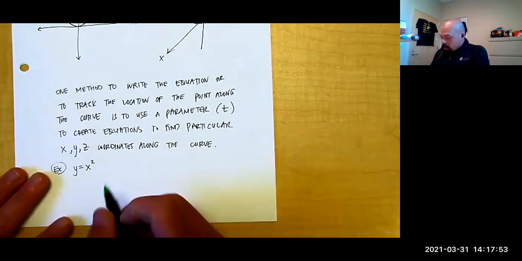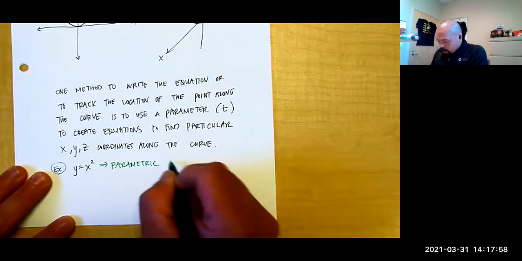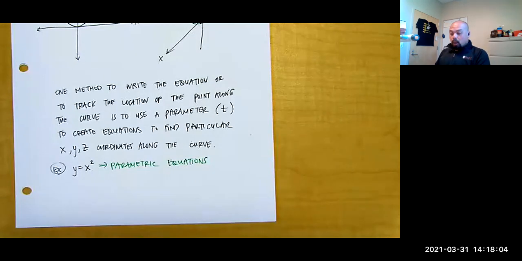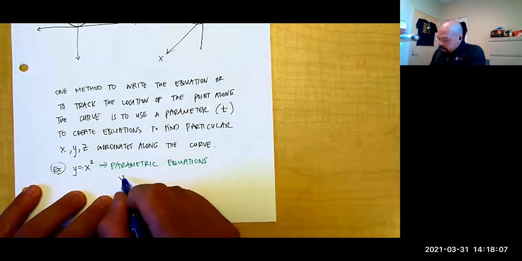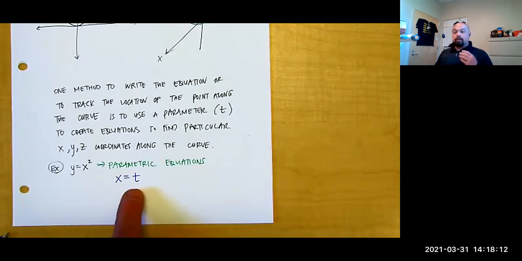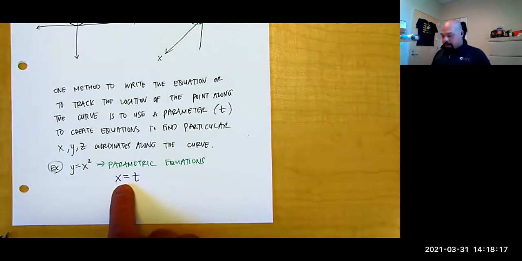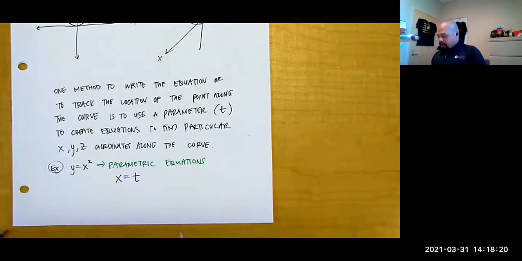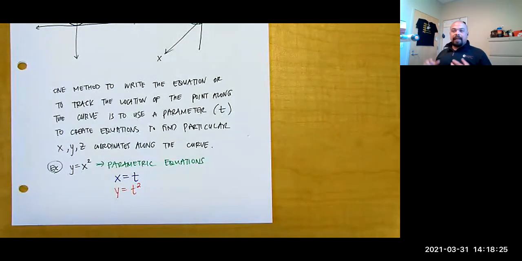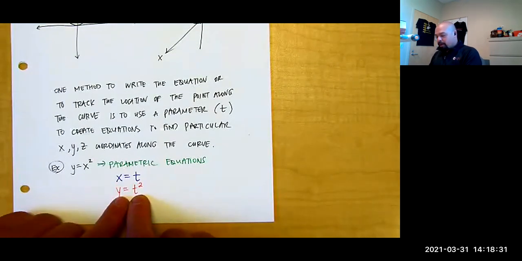But for our parametric equations, we can recreate this and say, let's have x be equal to t, right? I can choose different values for our parameter t, and that'll be my x coordinate for my curve. And y is going to be t squared. Again, through substitution, if x is equal to t, then t squared is going to be x squared, and we're right back where we started, right?